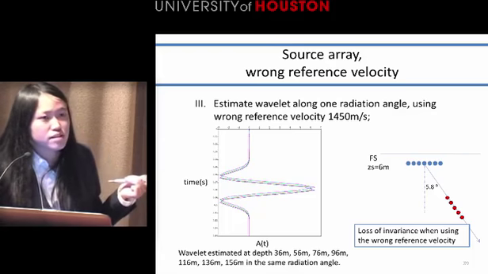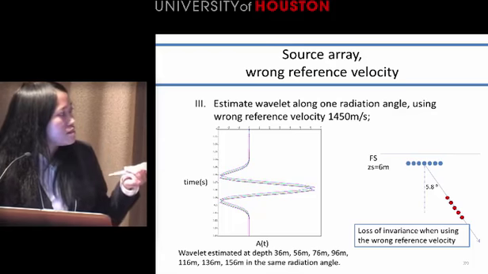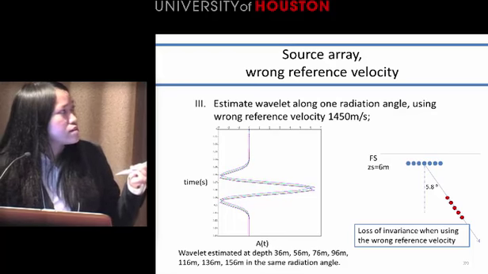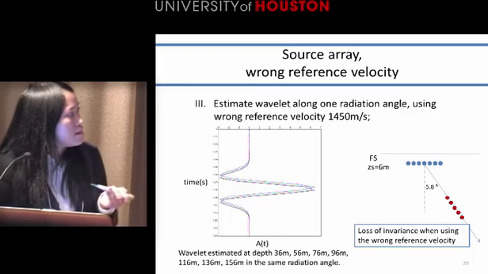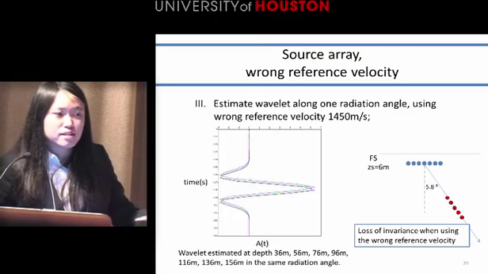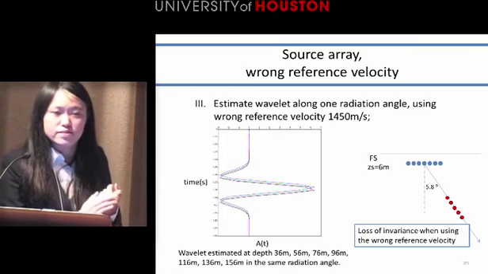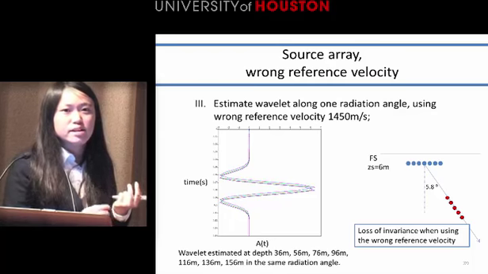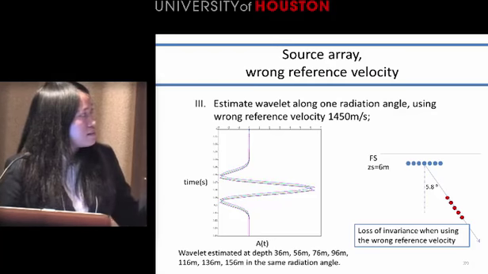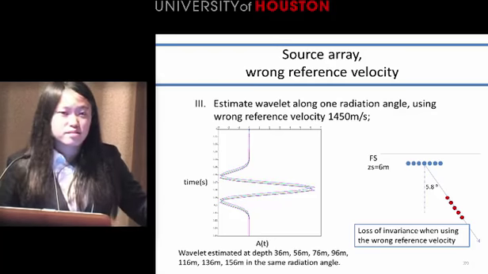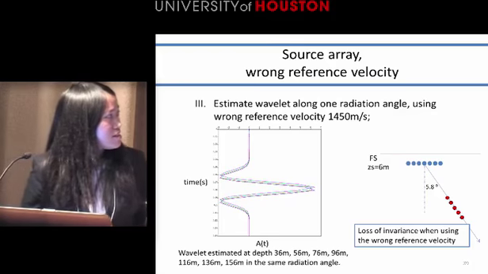This means we no longer have the invariance if we have the wrong reference velocity. So this result shows that only having the correct reference velocity can give you the invariance at one radiation angle. And you don't have this property if you have the wrong reference velocity.